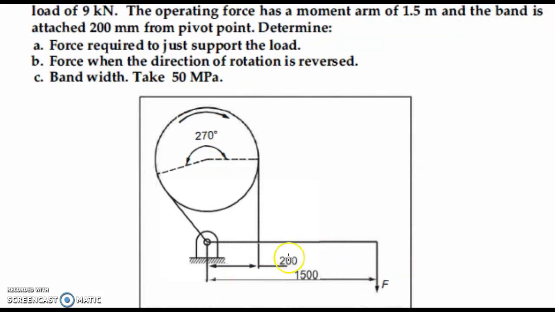Here the distances are given. From the pivot center to the force acting point is 1500. Then pivot center to the band attached is 200. Then the angle of contact is given, that is equal to 270 degrees, and the direction is also given, that is in the clockwise direction.